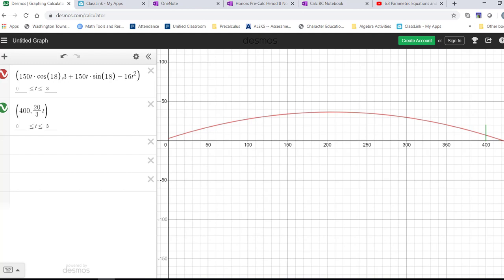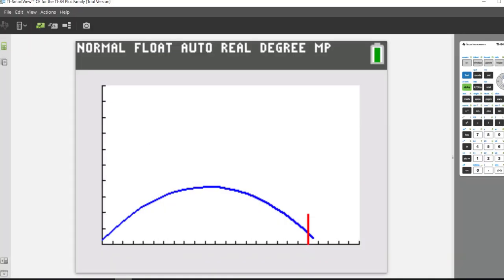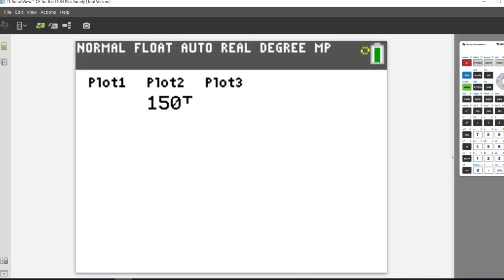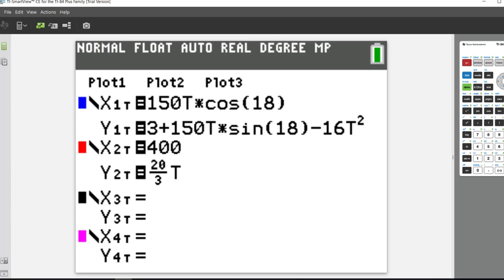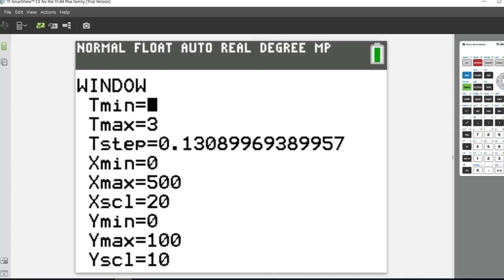Okay, if you're doing this in the 84, make sure you change it to parametric. It's the same thing. And make sure you look at the top and see that your calculator is in degrees, and there are my two equations, and then my window settings are the same. So I went from 0 to 3.